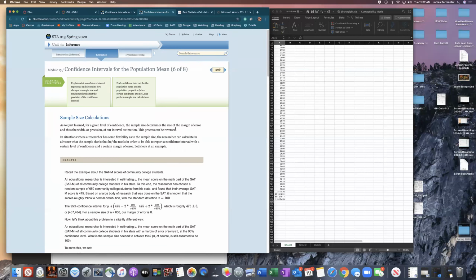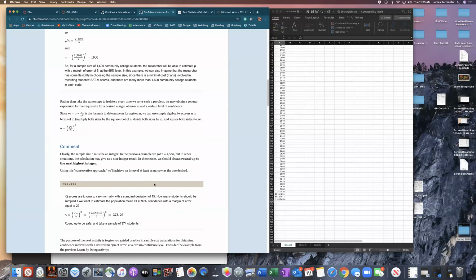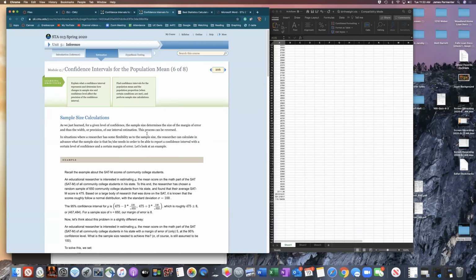So if you have the opportunity, I would maybe ask your instructor, Professor Whitener, about why they're using 2 there instead of 1.96, because I do not have a good rationale for why they're doing that.